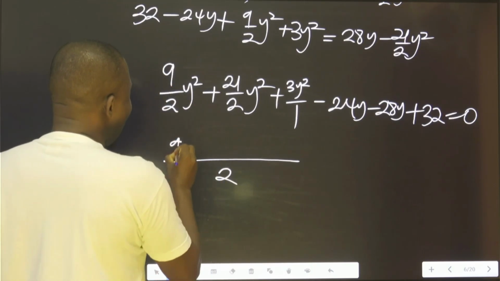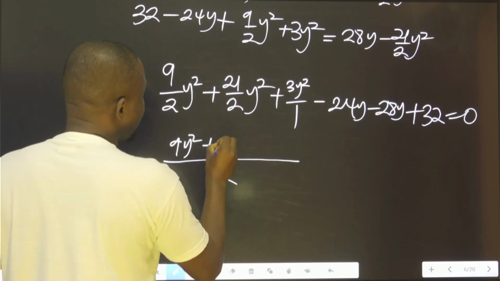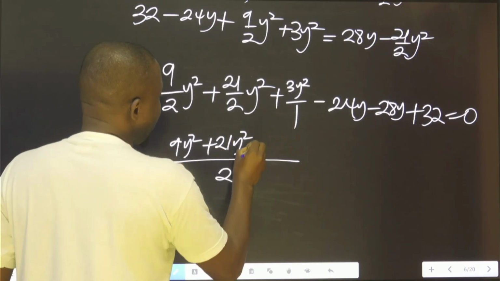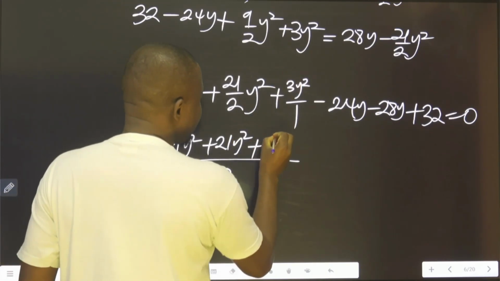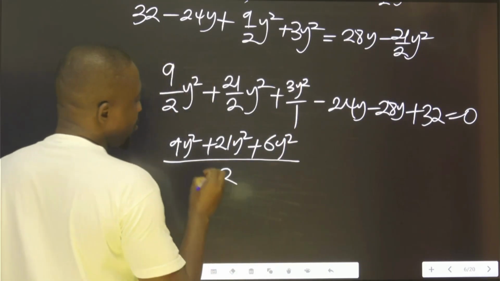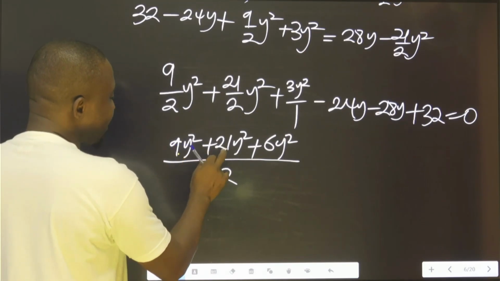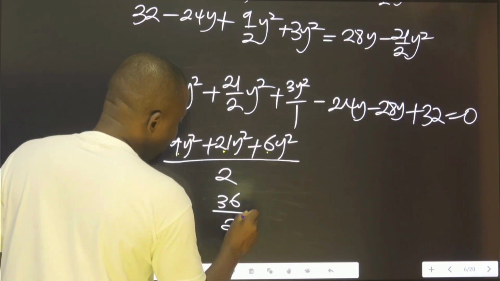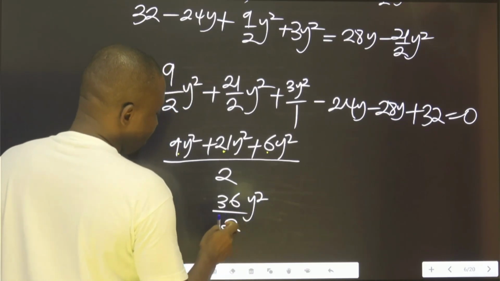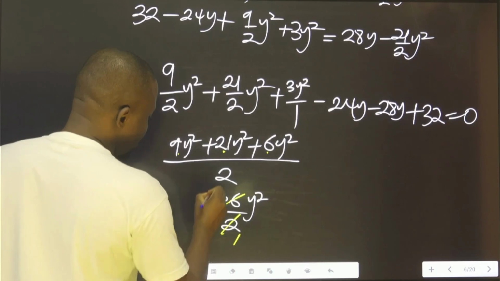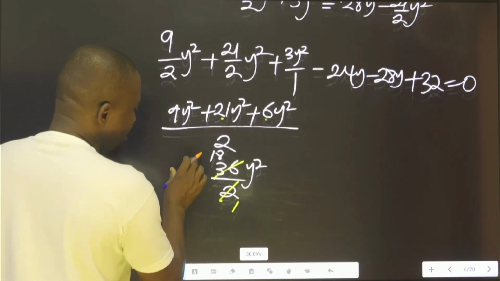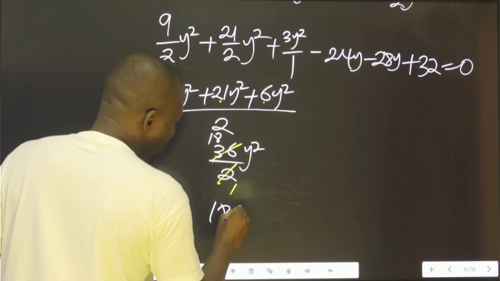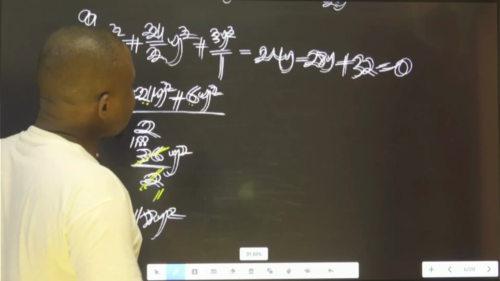This is 9y squared plus 21y squared plus, this will give us 6y squared, okay? Which is this plus this is 30 plus this is 36. That is 36 over 2. That is y squared. This here 1, this here is what? 18. That is 18y squared.